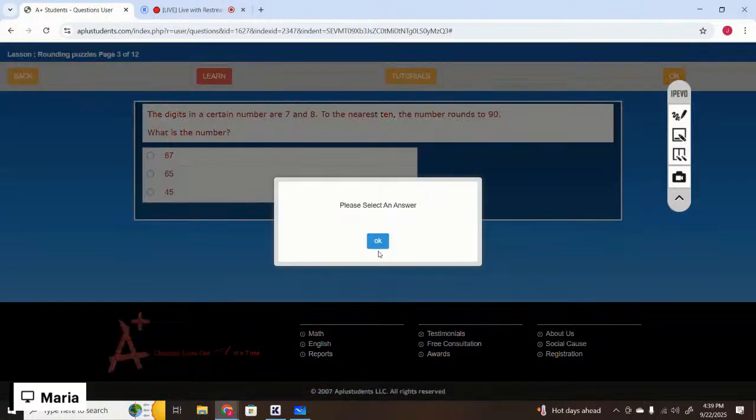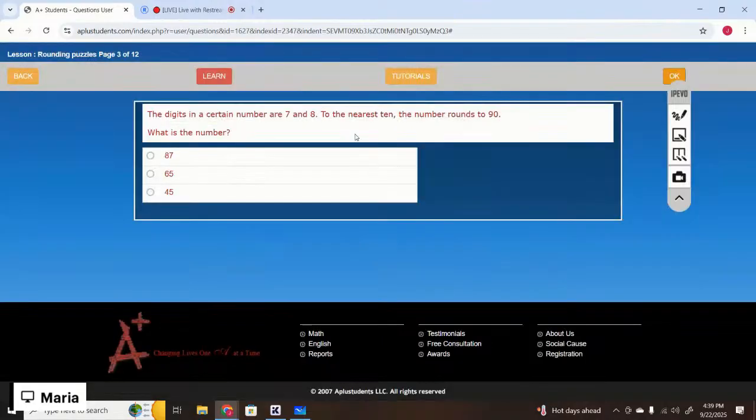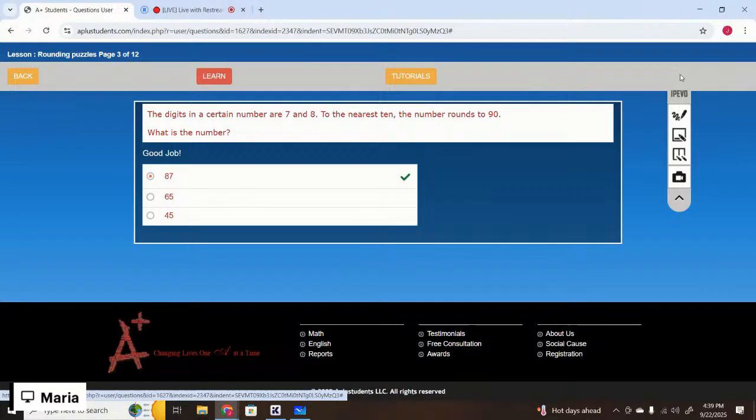So 87 is rounded to 90. The correct option is 87. Very good.